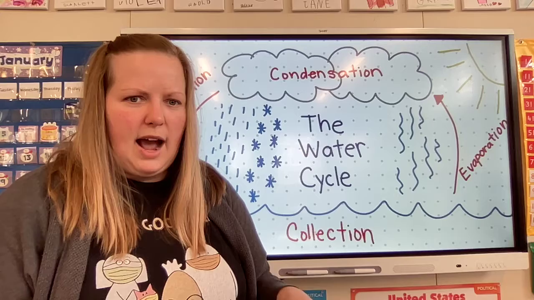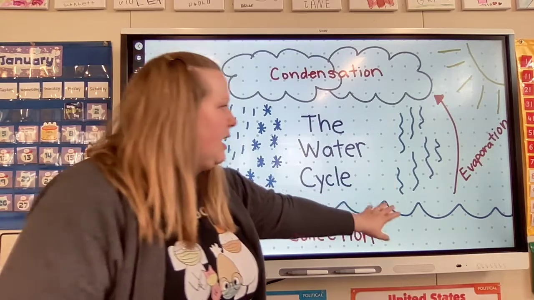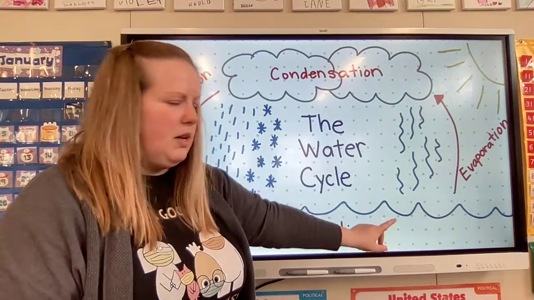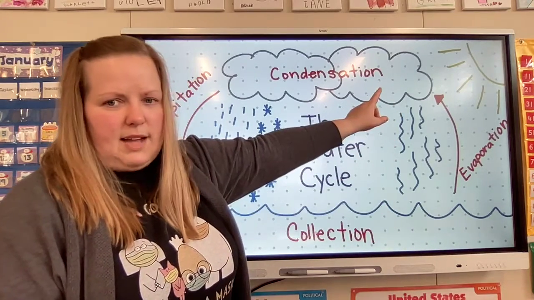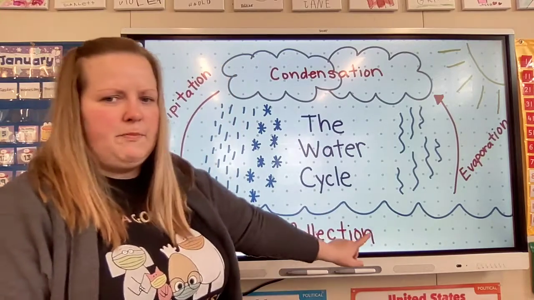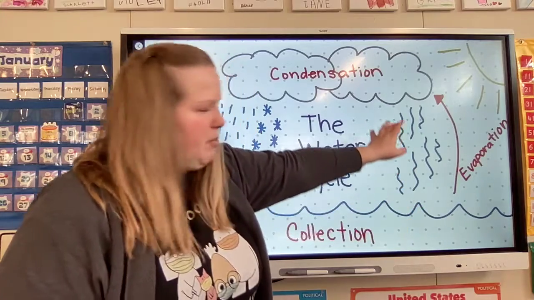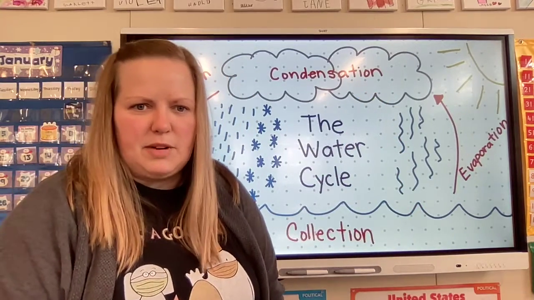But when they get so hot, they go up, they break away from each other, and they evaporate up into the sky. So the sun warms up the collection of water, and then it's called water vapor, and it goes up into the sky. It evaporates.